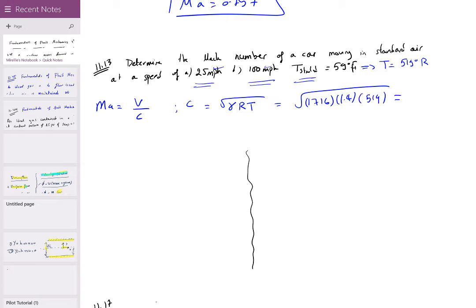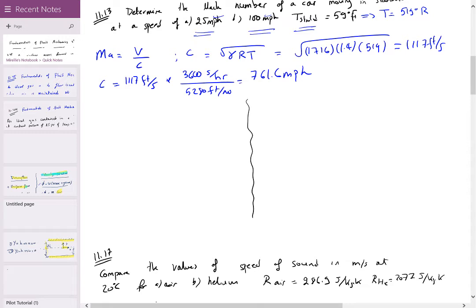Therefore, my C is 1117 feet per second. Convert that to miles per hour by multiplying by 3,600 seconds per hour and dividing by 5,280 feet per mile. So I'm going to get 761.6 miles per hour.